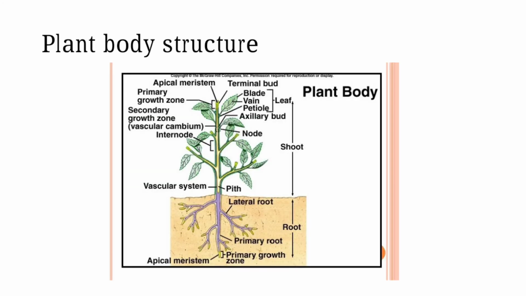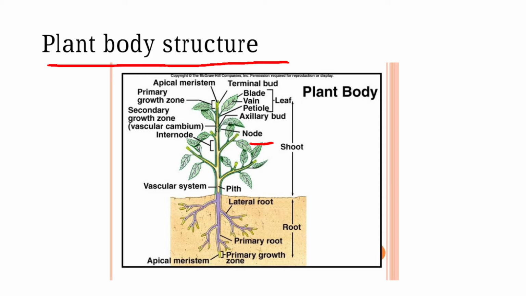So, before we look at stem modifications, let's reflect back on the plant body structure, where we shall put much emphasis on you trying to recall the major distinguishing features of a stem, which include the node, as you're seeing at that point where the line is pointing on the plant stem.